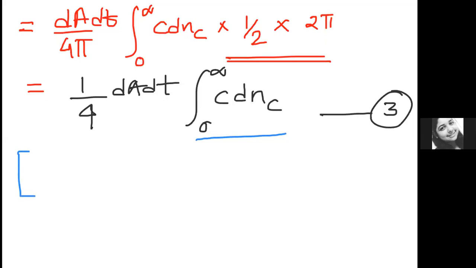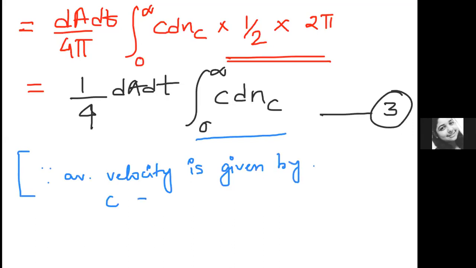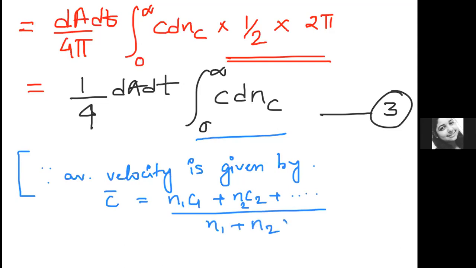I'm just providing you with the concept that average velocity C bar is N1 C1 plus N2 C2 plus and so on, divided by the total number of molecules, right?